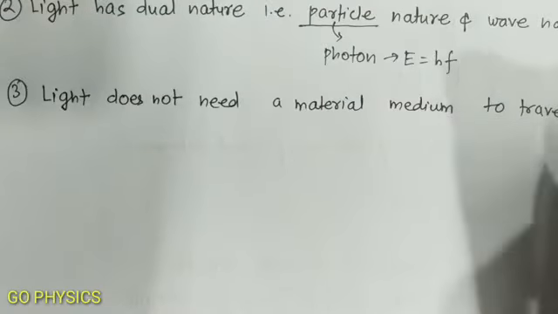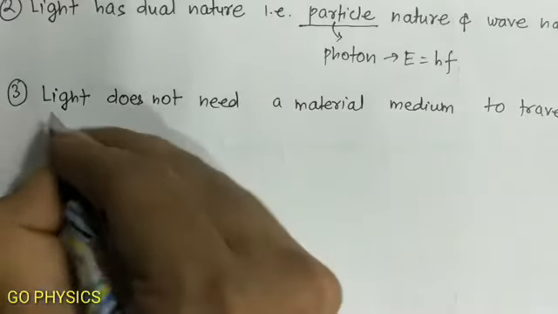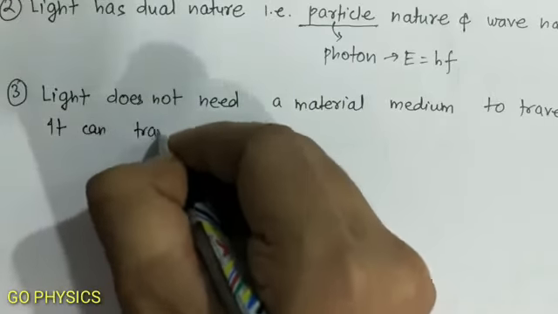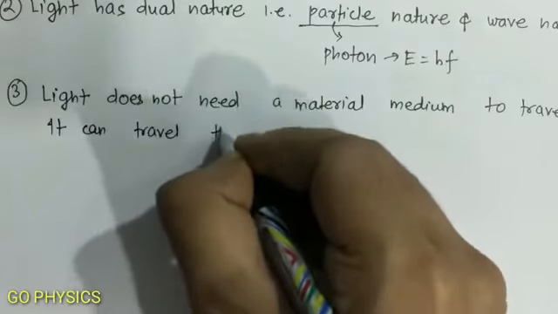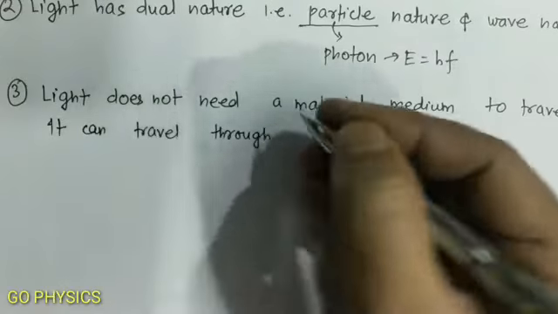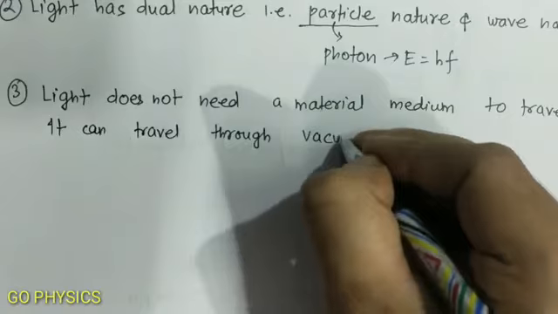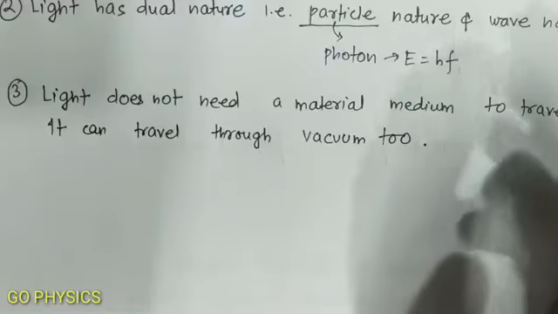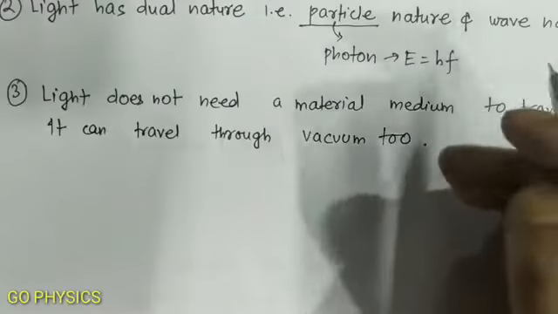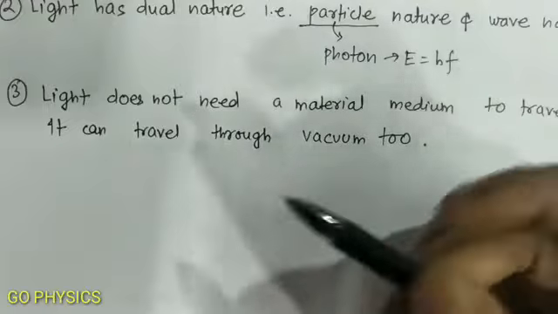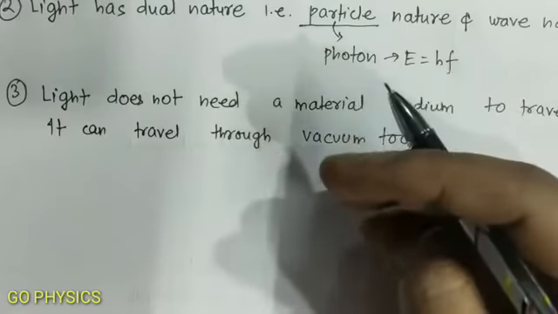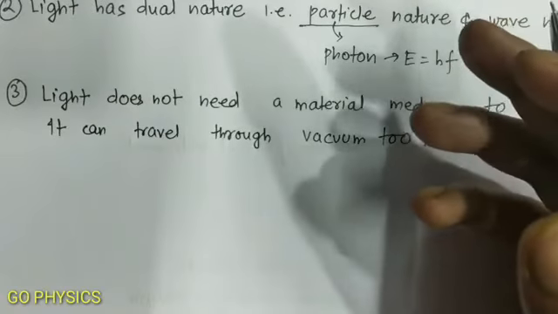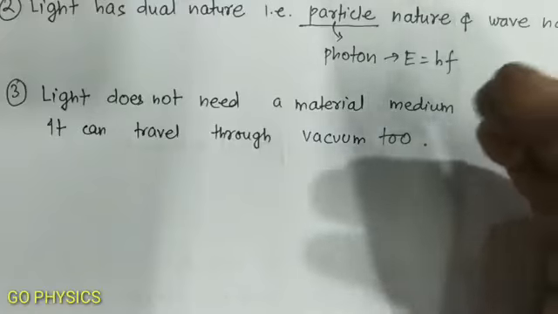That is, it can travel through vacuum too. Unlike mechanical waves, we know that light is an electromagnetic wave, and an electromagnetic wave does not require a material medium. It can travel even in vacuum, that is, in free space.